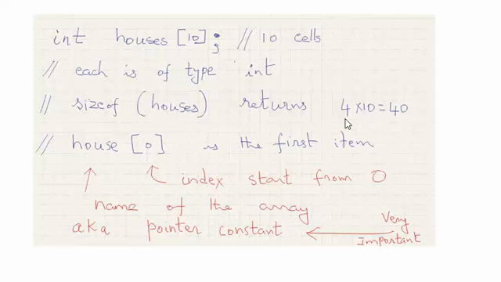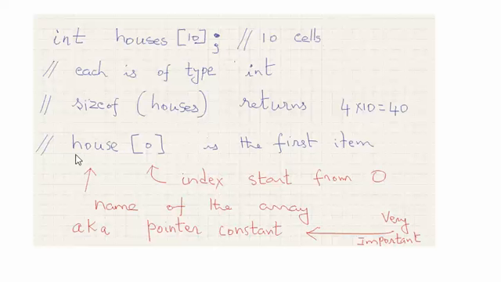It returns 4 times 10, where 4 is for the int, so 40 bytes. House offset 0 is the beginning of the array, the first item, first cell, first index. Just like in Java, the index in C always starts from 0.